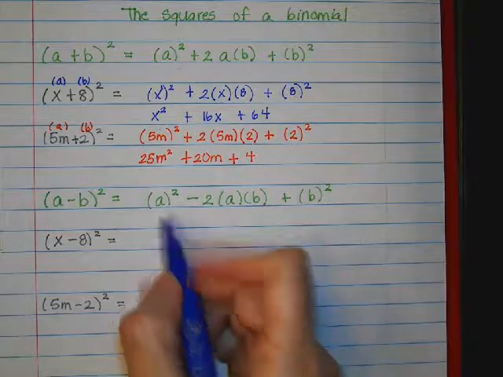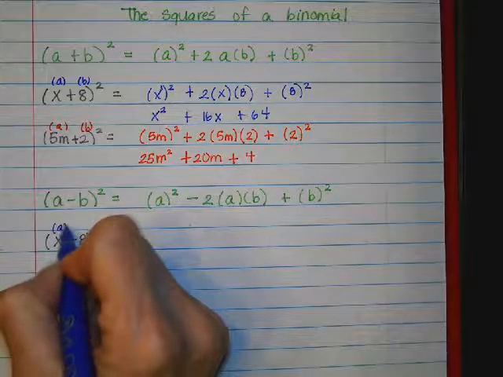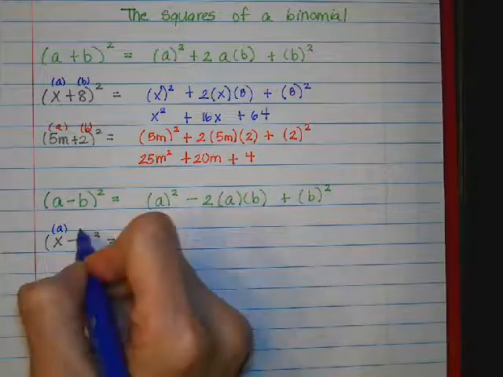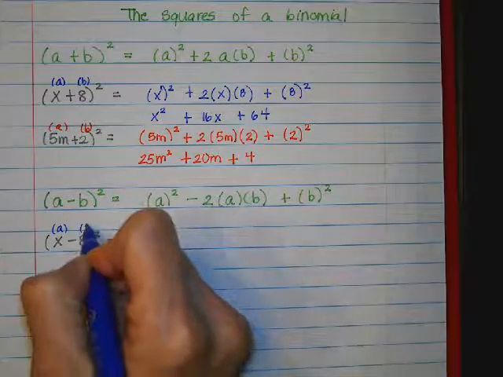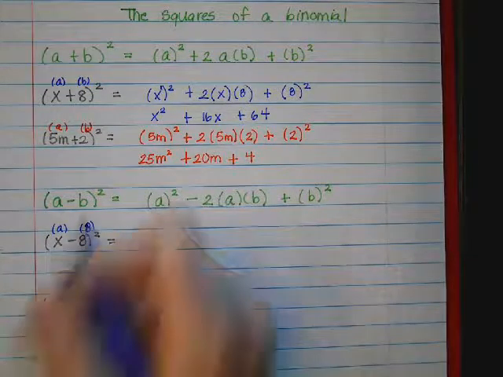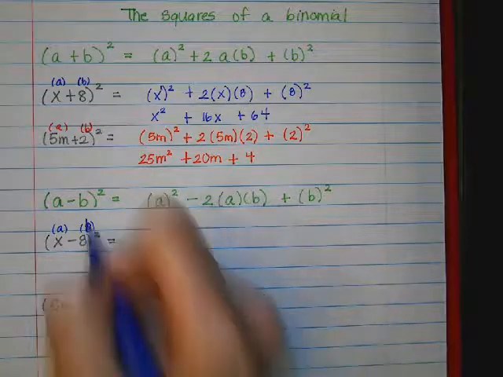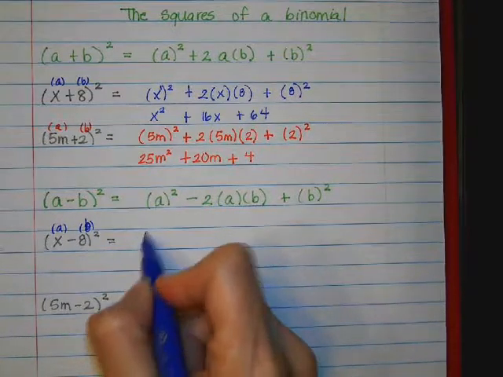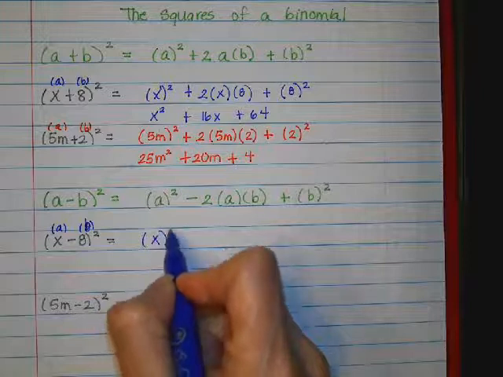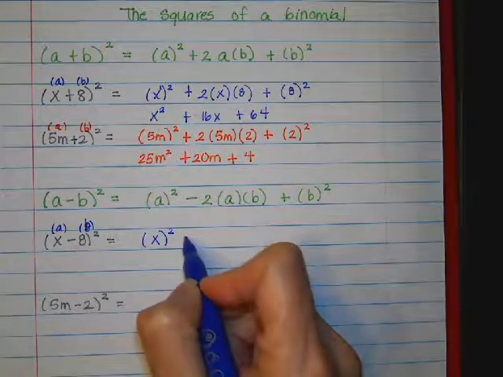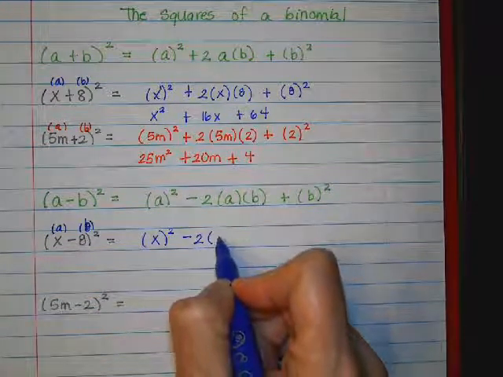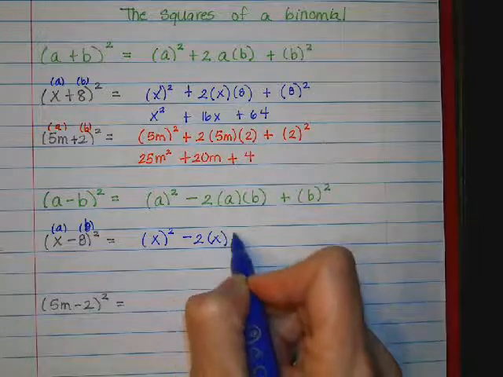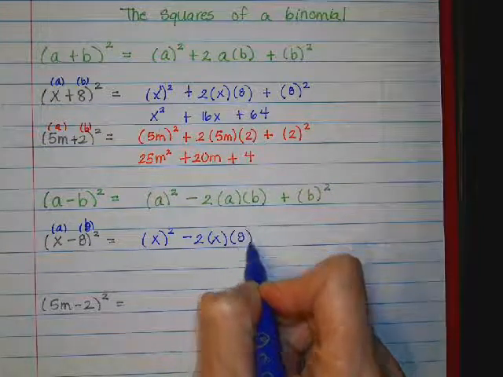Alright, we're going to take our a value, which is 1x, and our b value, which is 8. Alright, so our a value, which is 1x, and we're going to square it, minus 2 times our a value, which is x, and our b value, which is 8.